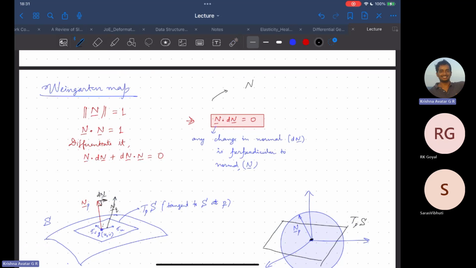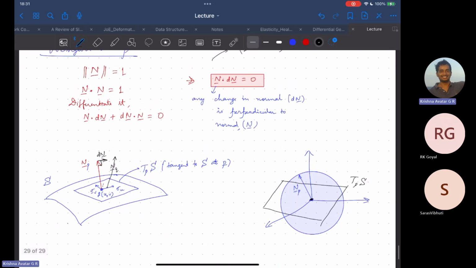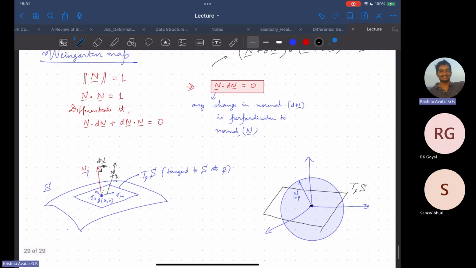Even if you increment the N vector, it still has to satisfy this property. It still has to have norm 1. It always has to satisfy that, because even if you are incrementing NP, we are just finding the normal vector field at a slightly different point in the neighborhood of the point P. Understood.